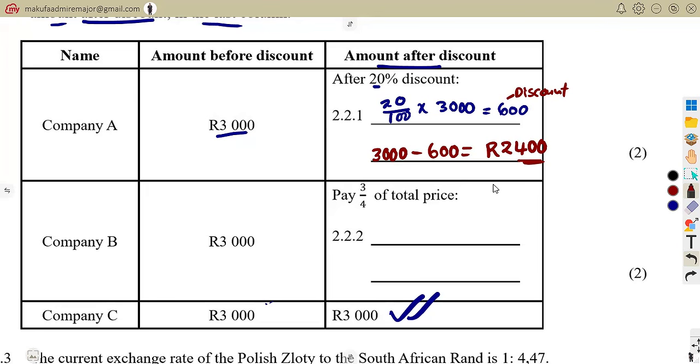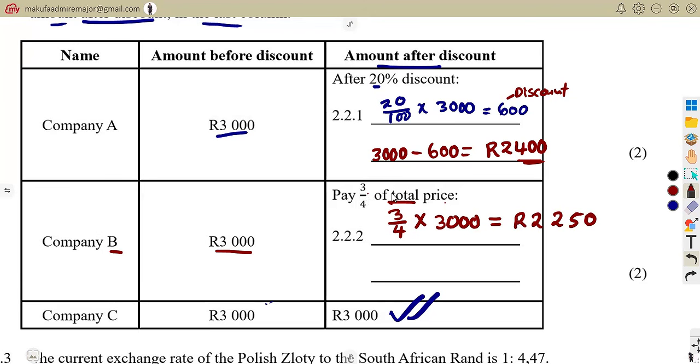Company B, remember it said we are going to pay 3/4 of the total price. So if the total price is 3,000, we are going to pay 3/4 of that. So it's 3/4 multiplied by the 3,000, which gives us 2,250.